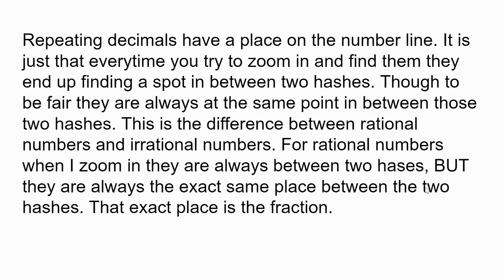So the repeating decimal has a nice place on a number line. It's just that every time you zoom in, you find that it ends up at a spot between two hashes. And to be fair, it's always the same spot in between those two hashes. That's the difference between a rational number and an irrational number. For a rational number, when I zoom in, it's always at that spot between the two hashes, right?